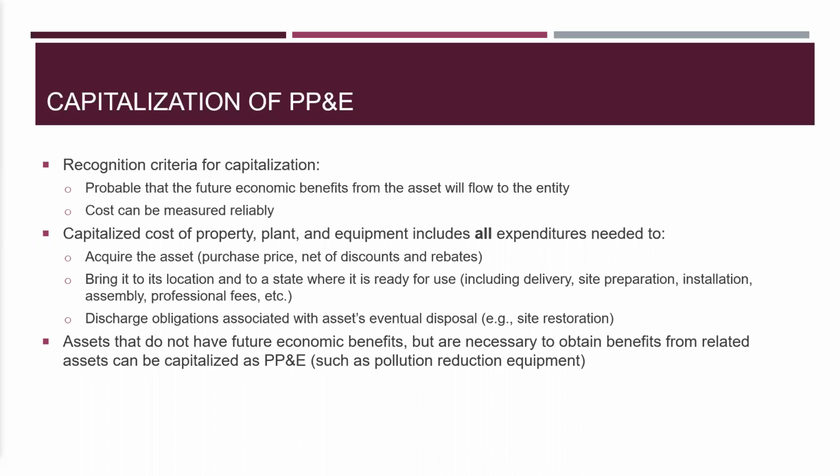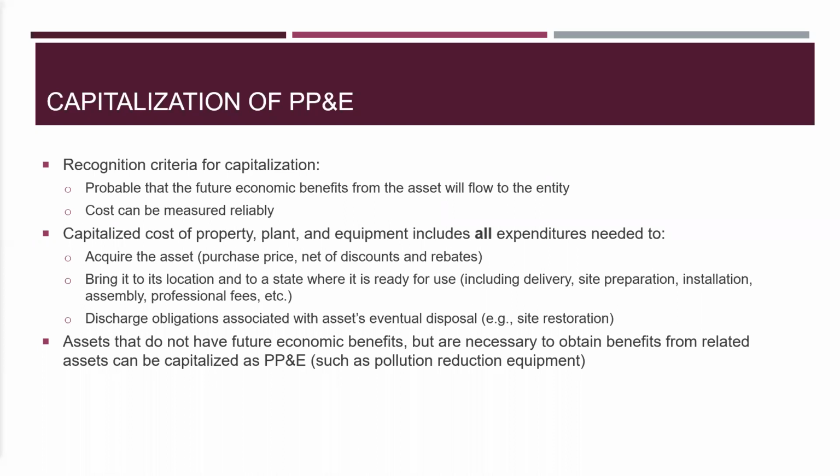Your capitalized costs for property, plant, and equipment are going to include all of the expenditure that the business incurs in order to acquire the asset, and any other costs incurred to bring that asset to a usable condition, such as site preparation, installation, delivery, professional fees paid, and assessment.